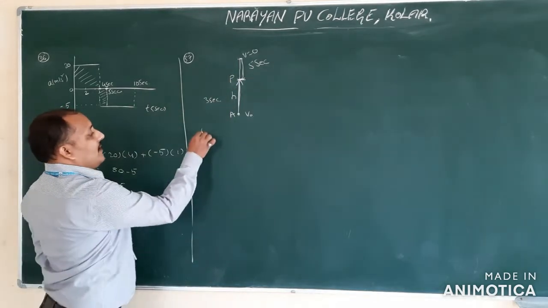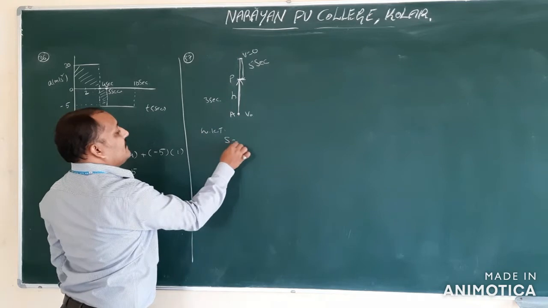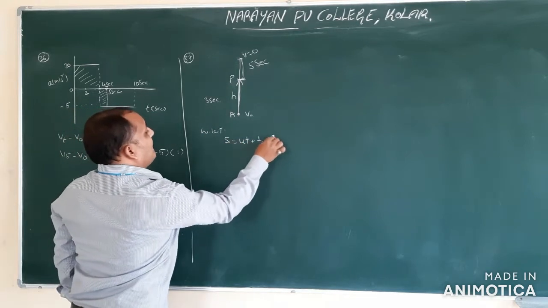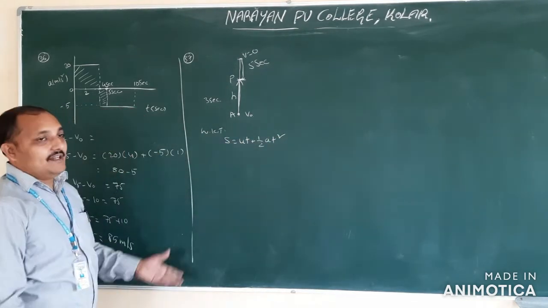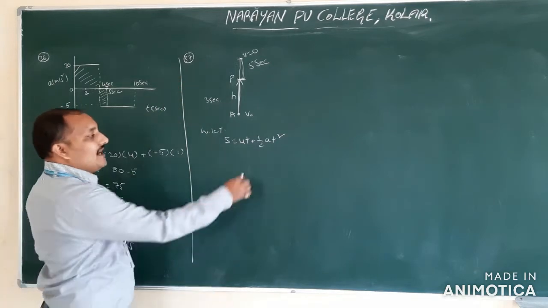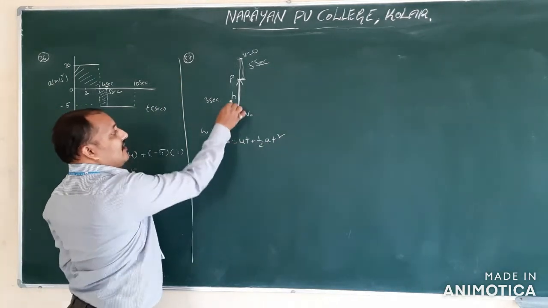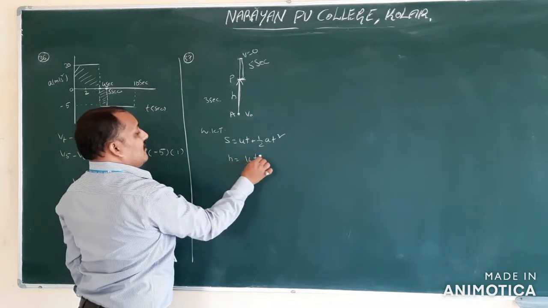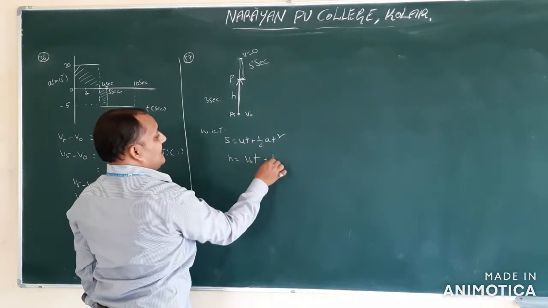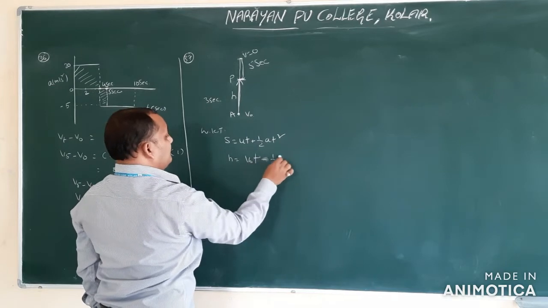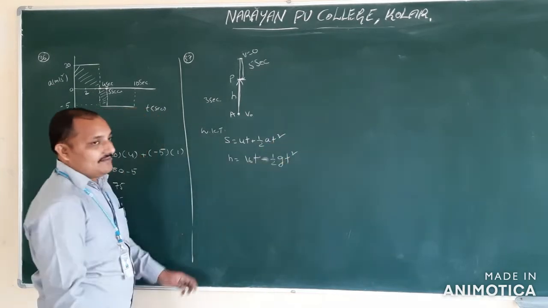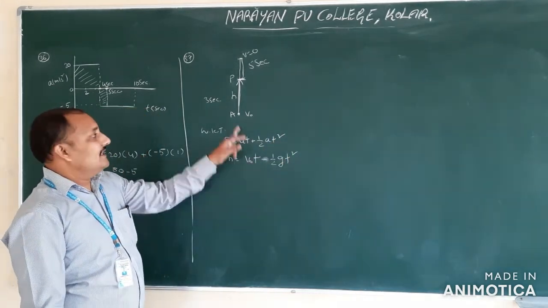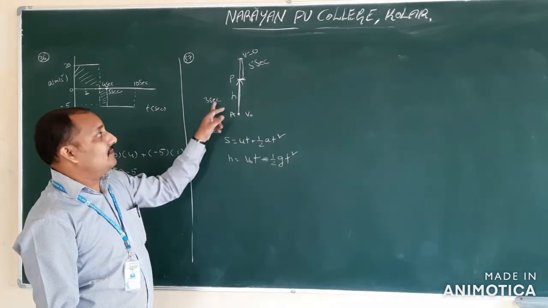Therefore, apply this formula. We know that S is equal to ut plus half a t square. It is a vertically projected body, therefore the a value we will take as minus. S value is H, u value is V0, so V0 t minus half g t square. First time the t value is 3 seconds, second time the t value is 5 seconds.